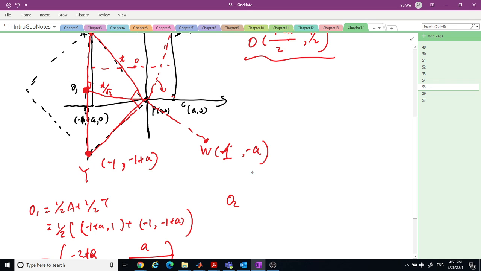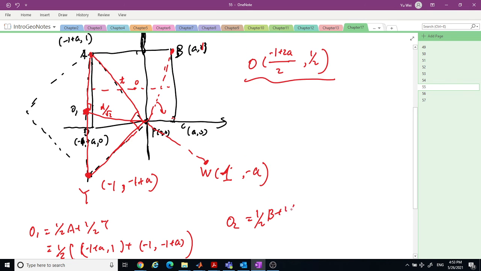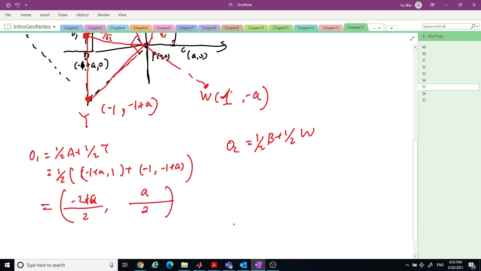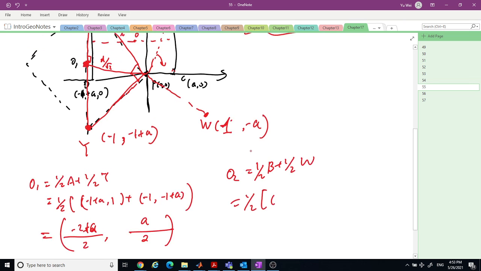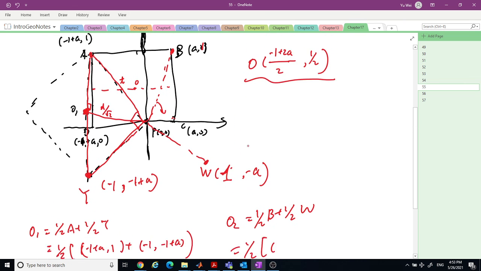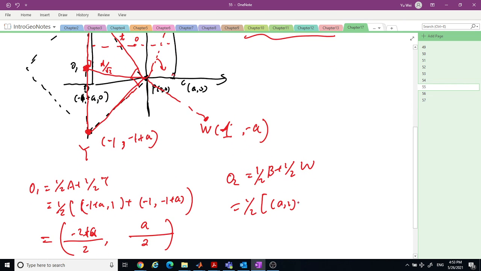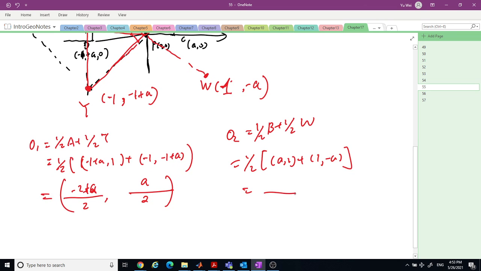Now we can solve the O2 coordinates, which is half of the B plus half of the W. Then it will be equal to half of the B, which is A and 1, plus the W, which is 1 and -A. So this one will become half of A plus 1 and half of 1 minus A.